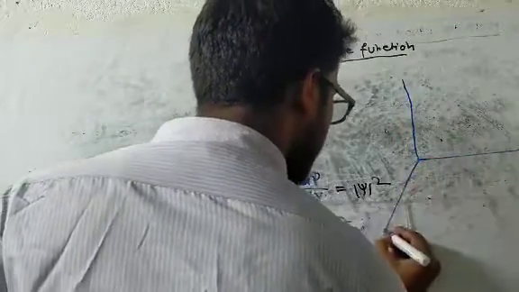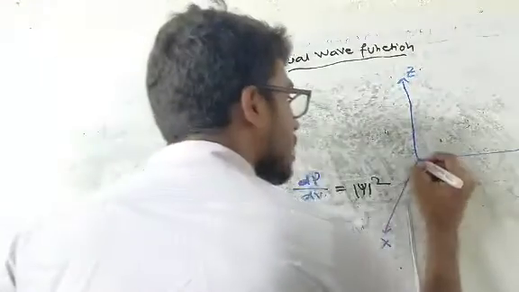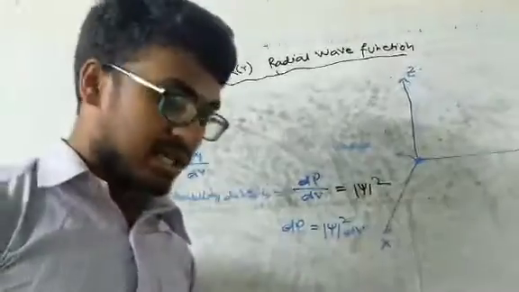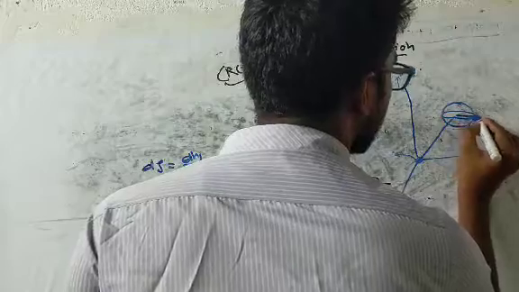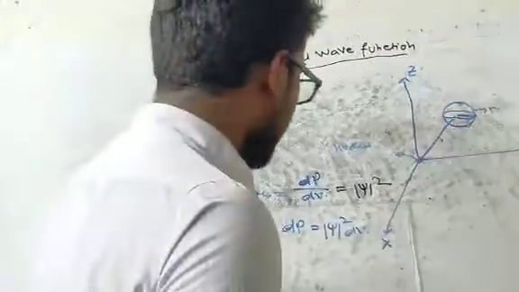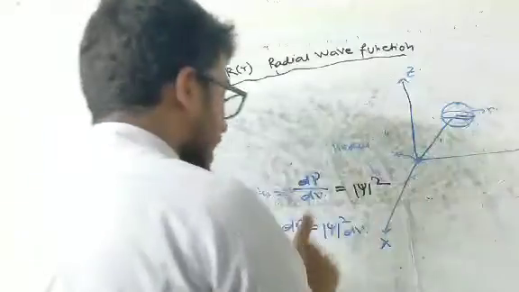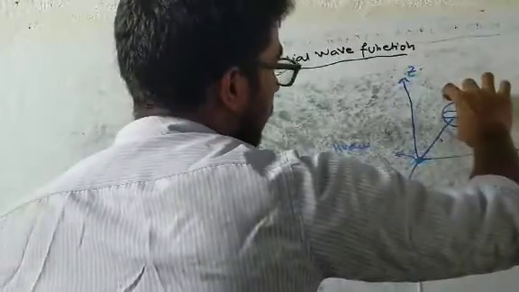If I take a three-dimensional axis x, y and z, and at the origin the nucleus is present, and from the nucleus I take a sphere with radius r, then this dP simply means the probability of finding the electron within this spherical, three-dimensional region.